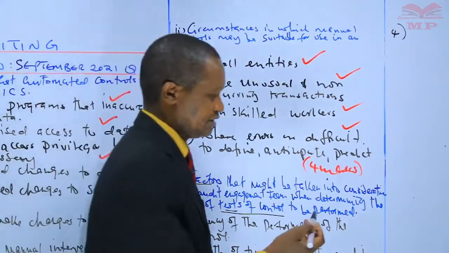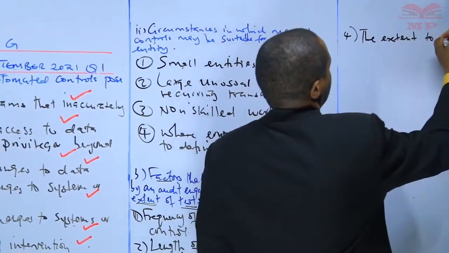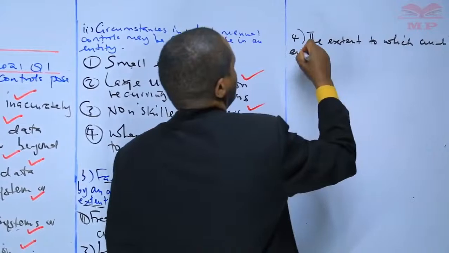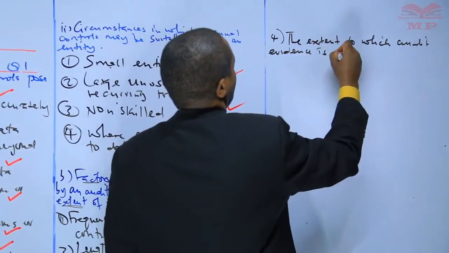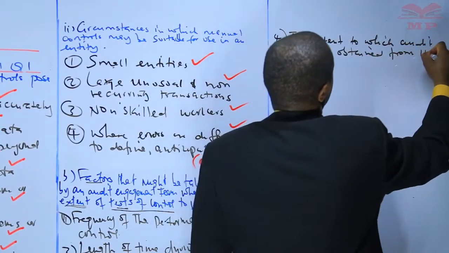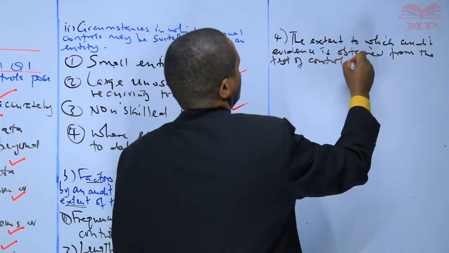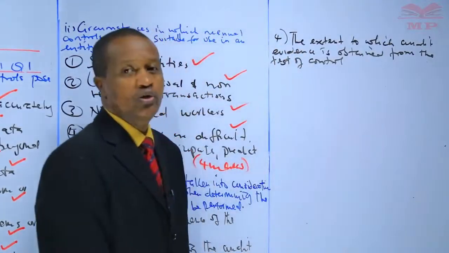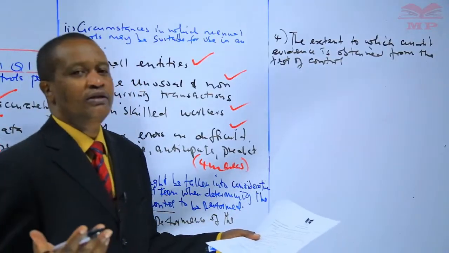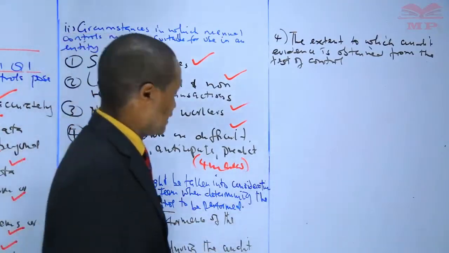The extent to which audit evidence is obtained from the test of control related to the assertion.